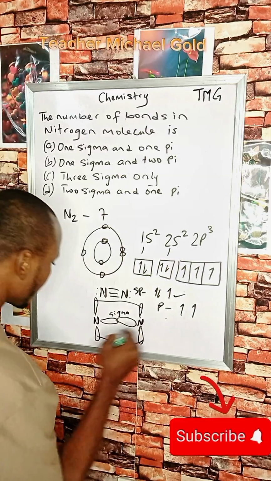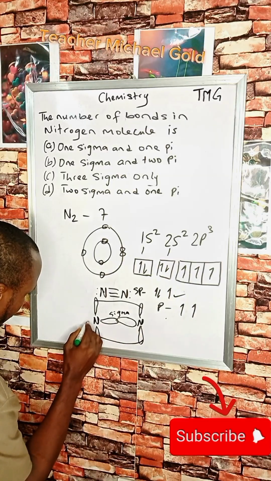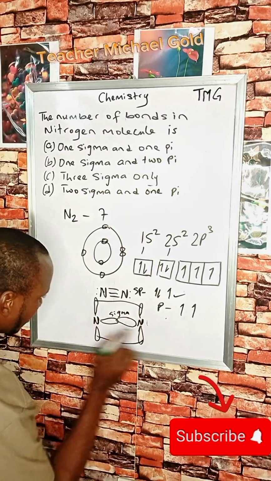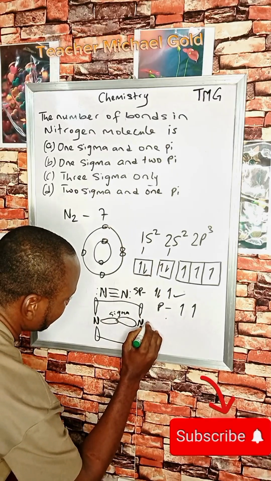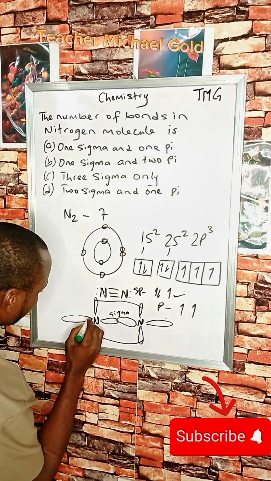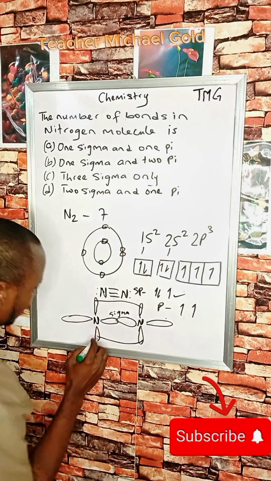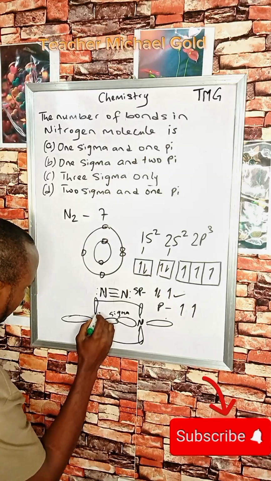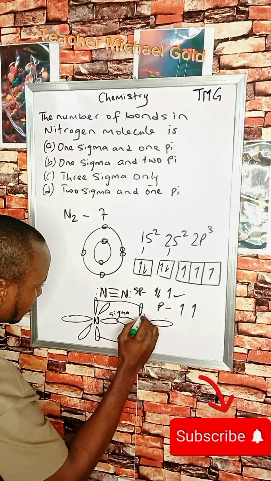Then there's another one here. The next one will come like this. Please don't forget this one, okay? The s. So let me draw the s also. Then the next one will be formed in this direction.